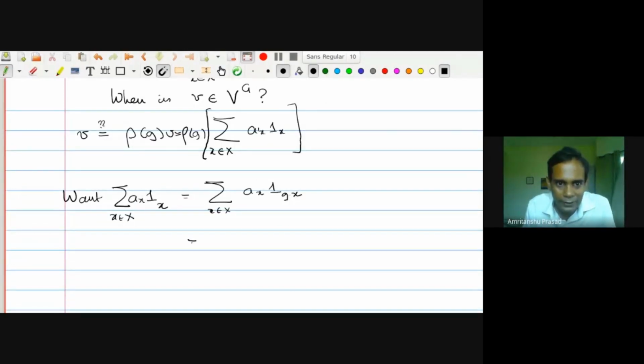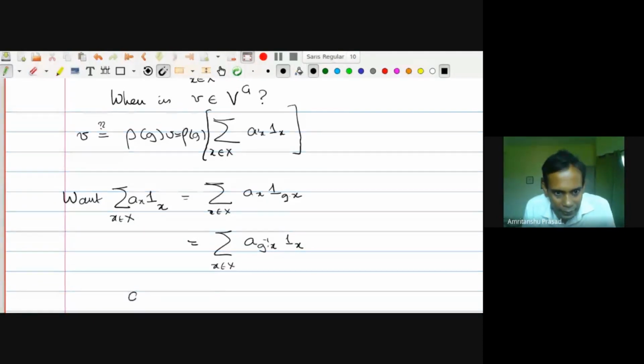Or, if I want it in the same form, I can write a sub g inverse dot x times 1 sub x, just by reindexing the summation. We want this vector to be equal to this vector for all g in G, which means that a sub x is equal to a sub g inverse x for all g in G.